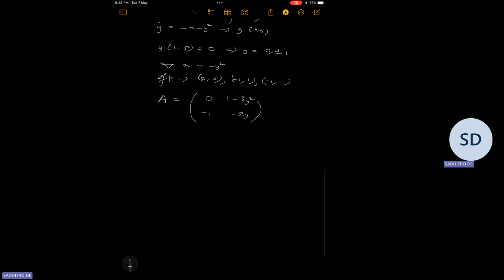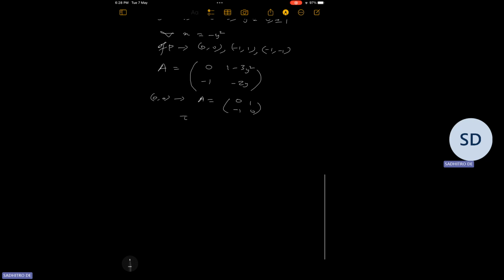Okay, so at the fixed point (0, 0), we have A equal to [0, 1; minus 1, 0]. Right, so the trace is 0, the determinant is equal to plus 1, so the origin is a center. It is a nonlinear center.